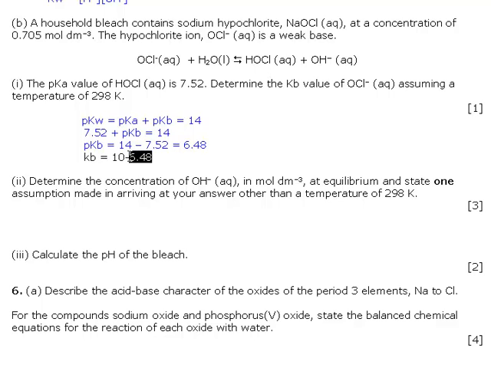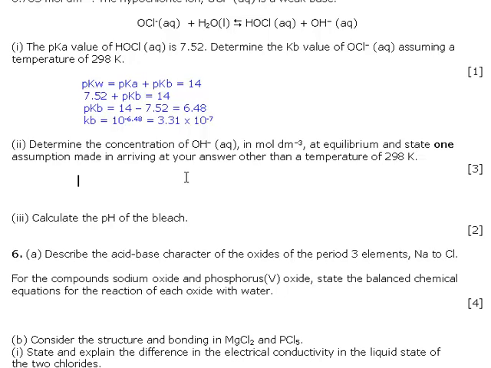This is effectively the anti-log, and working in the calculator, this comes to 3.31 times 10 to the minus 7. Our value for Kb.